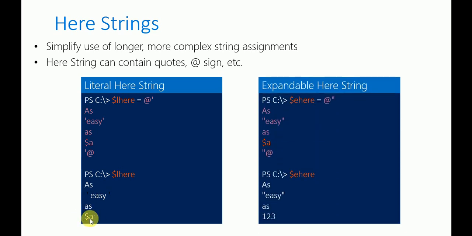But if you use double quotes with the at sign, then the value will expand from your variable. So a variable defined inside double quotes can be expanded when you use double quotes. If you use single quotes, that cannot be expanded.